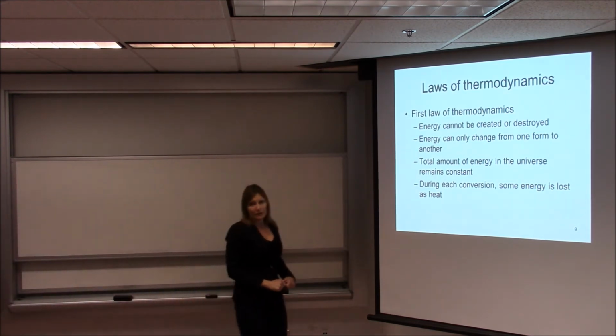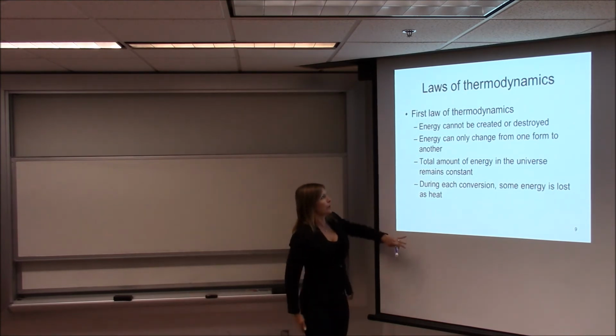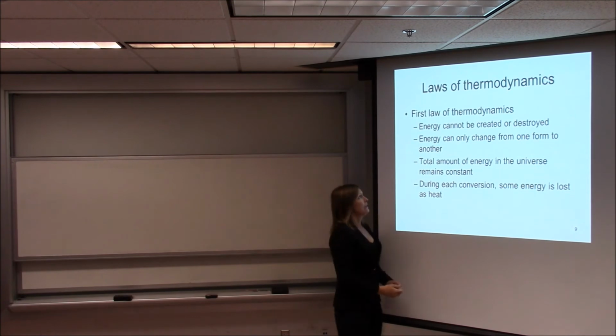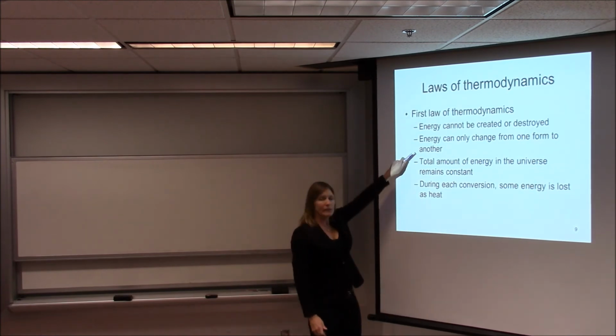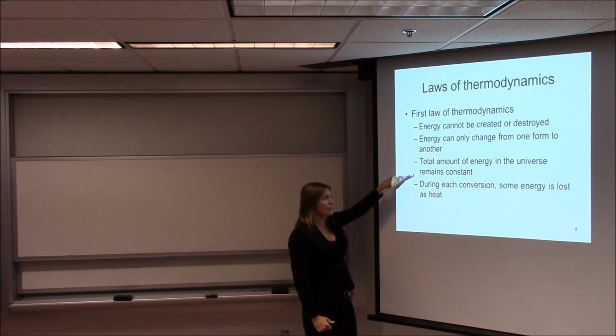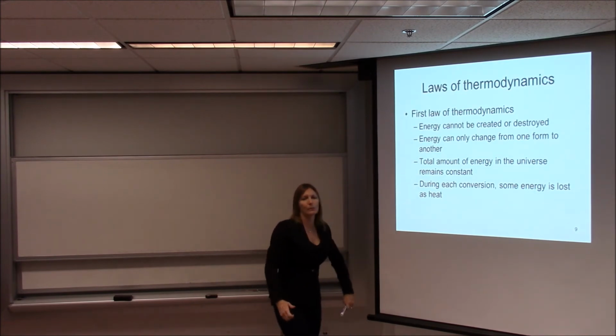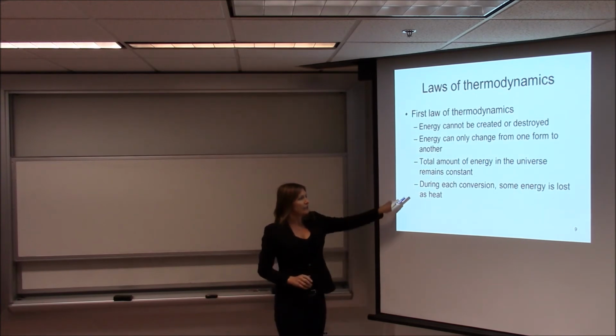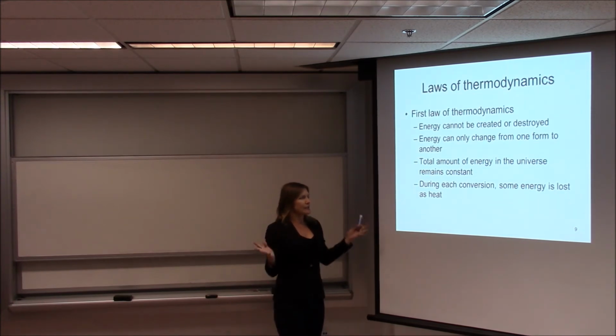So this first law of thermodynamics, this is kind of wordy, but it says all of that. It says energy cannot be created or destroyed. Energy can only change from one form to another, and the total amount of energy in the universe remains constant. We can't create new energy, we can't destroy energy, and at each conversion, some energy is lost as heat.